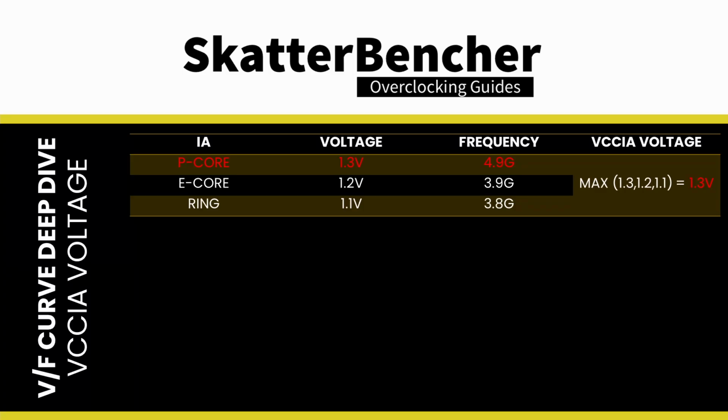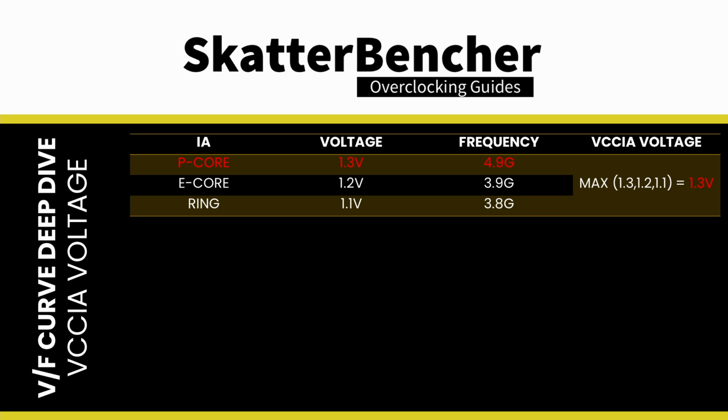For example, if the P-core requests 1.3 volt for 4.9 GHz, the E-core requests 1.2 volt for 3.9 GHz, the ring requests 1.1 volt for 3.8 GHz, then the VCC-IA voltage is the maximum of 1.3, 1.2, and 1.1, so 1.3 volt.